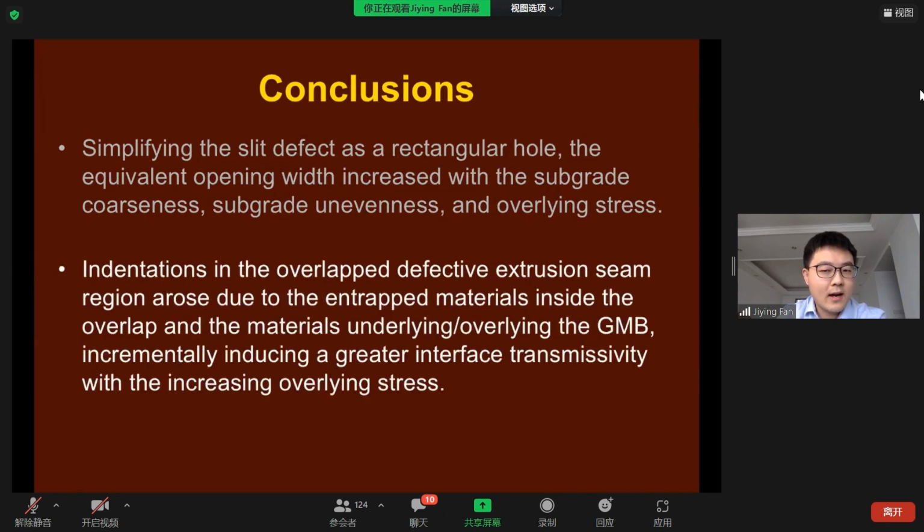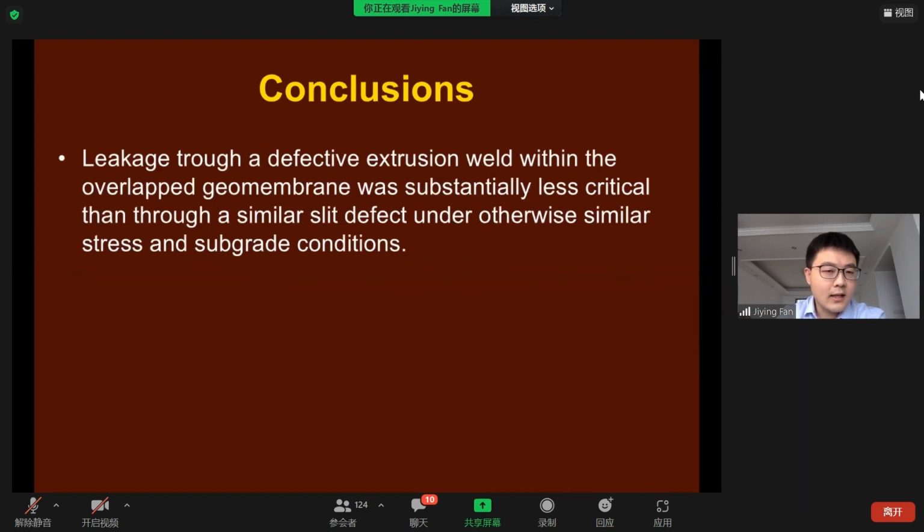Indentations in the overlapped defective extrusion seam area arose due to the entrapped material inside the overlap and the material underlying the geomembrane, incrementally inducing a greater interface transmissivity with the increasing overlying stress. And the leakage through a defective extrusion weld within the overlapped geomembrane was substantially less critical than through a slit defect under otherwise similar stress and subgrade conditions.